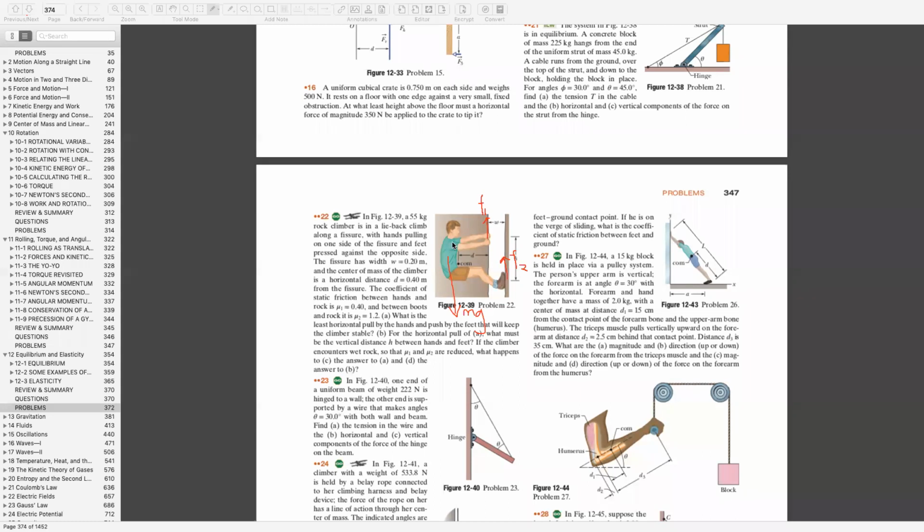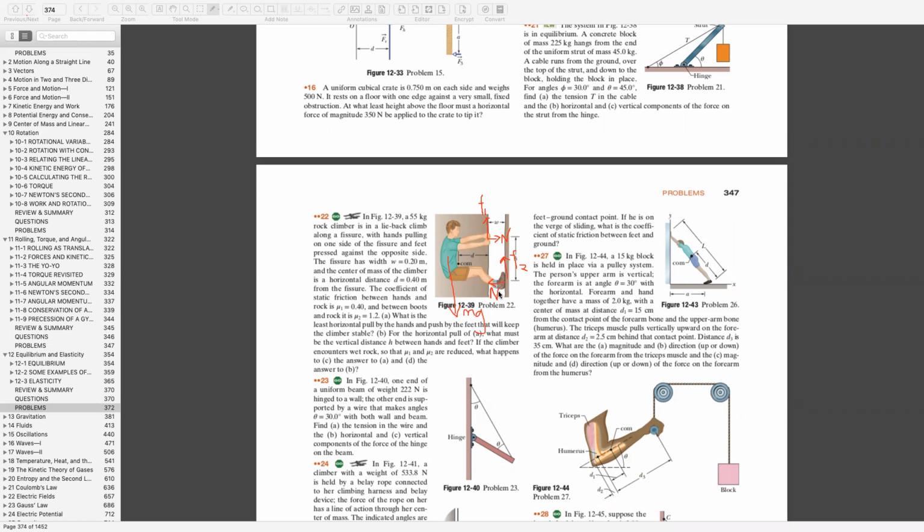So if we want to find the pull, what caused this friction is the support. Let's say the wall is giving him a support N, right? And then he's kicking this way, so the wall on this side is pushing back. So the pull of his hands has to equal that normal force.